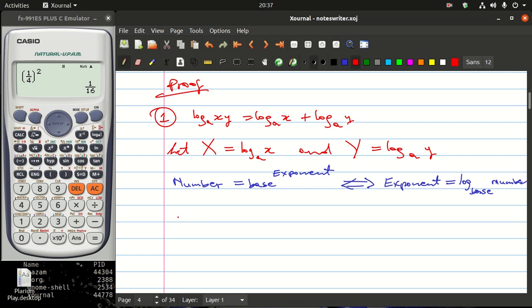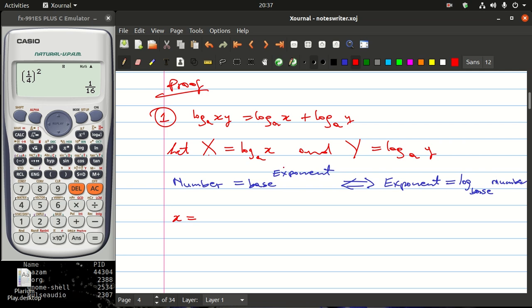So we're gonna say that, okay, if this is true, then here, x, this is the number and a is the base. The base goes there, the number is there. So I have x, which is a number, and now this is an exponent, this is the base.